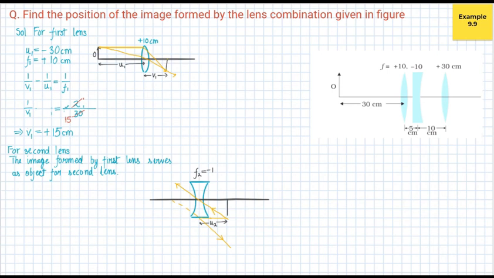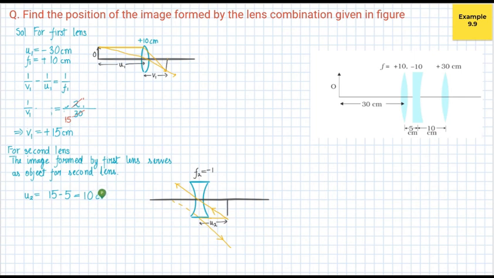Fine. So in this case, for the second lens, your object distance u2 equals 15 minus 5. This will give me 10 centimeter, right?